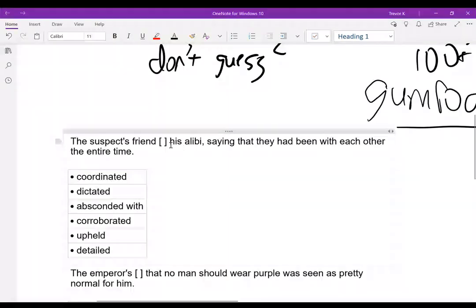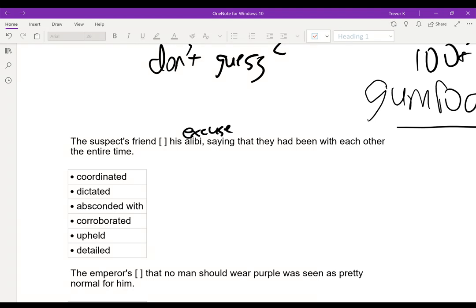If he's saying they had been with each other the entire time, and an alibi is like an excuse, or in this case, where you were in the case of a crime, then he's probably somehow supporting this alibi, right? So let's go through these.